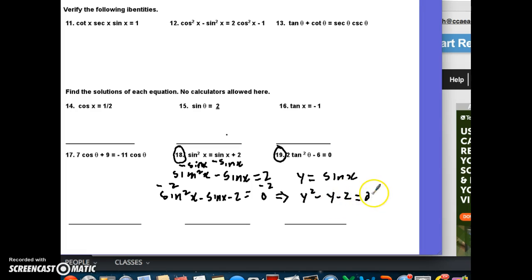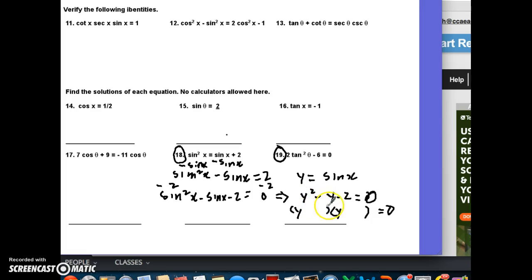And now we can think about factoring this quadratic equation into two binomials. So we have y times y to give us the y squared. To get a negative 2, it's got to be a negative 1 times a positive 2, or a positive 1 times a negative 2.